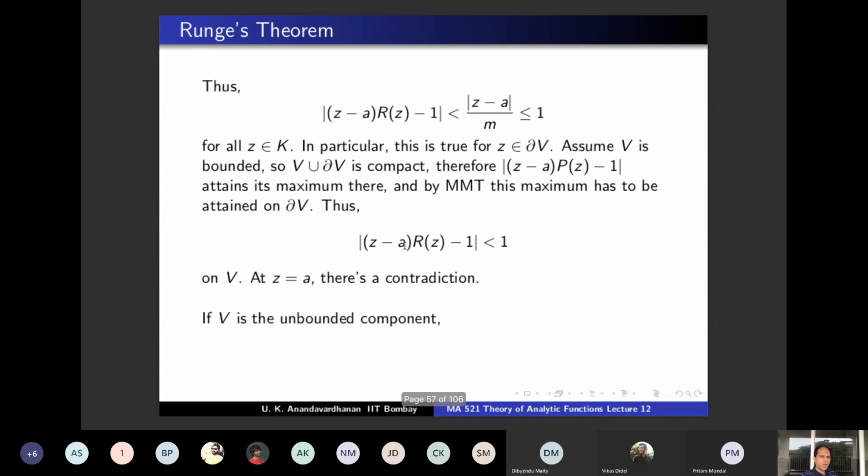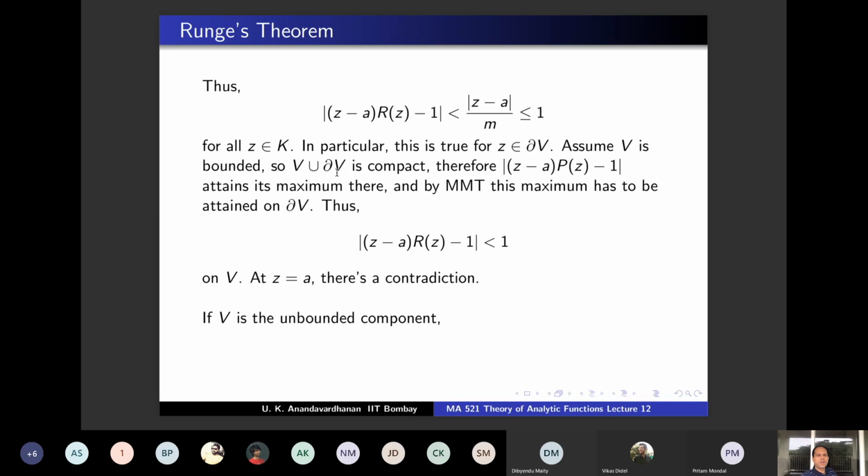So for now, since I didn't think about it so clearly, this is one argument or maybe a possible argument, let me put it that way, and I invite suggestions. If V is the unbounded component, there's a problem with this argument.